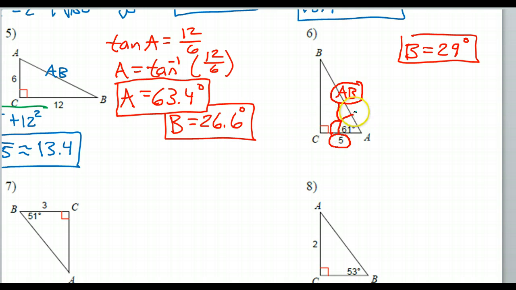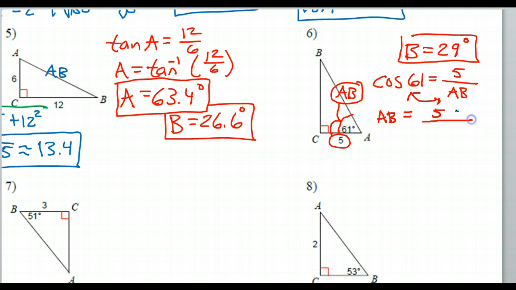Adjacent and hypotenuse, that is the cosine function. So cosine of 61 is equal to 5 over AB. Since the unknown is in the denominator, that's when we do the reversal. So this is going to give me AB equals 5 over cosine 61. So that means that AB is going to equal 10.3.